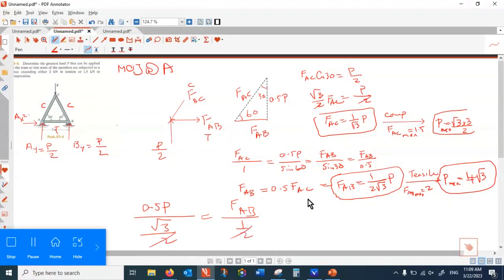So you cancel these twos together. That is FAB is equal to 1 over 2 root 3 P.